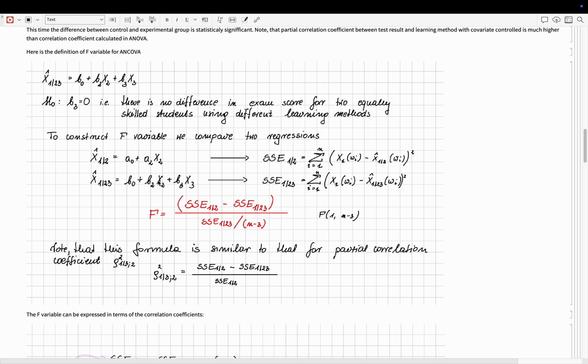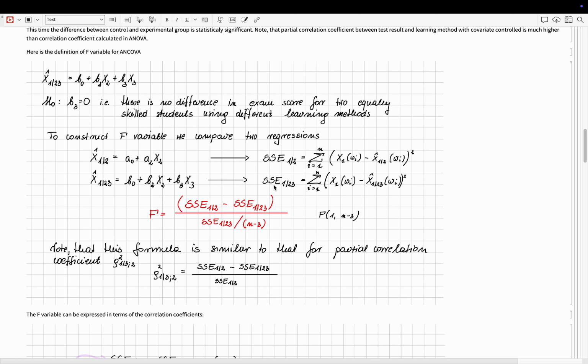This is because when we add information to the regression, we can only make things better. If this information is not valuable, then this sum of squares of errors is only a little or not at all less than the previous one, but we cannot increase the error by adding a new variable.